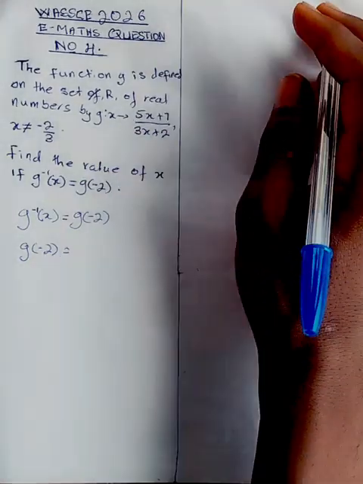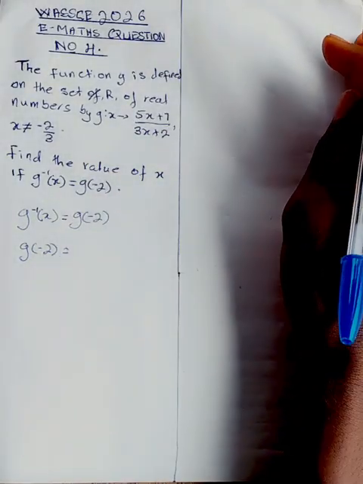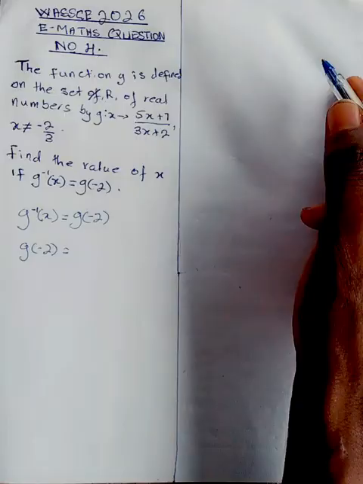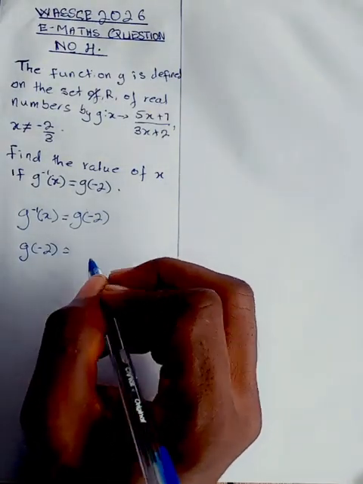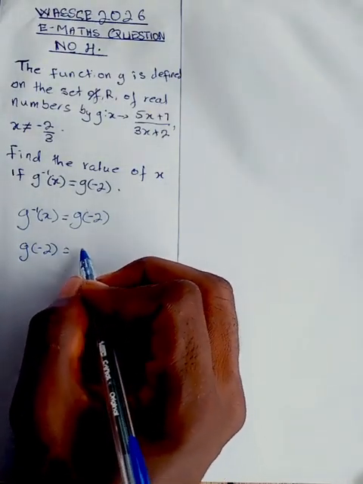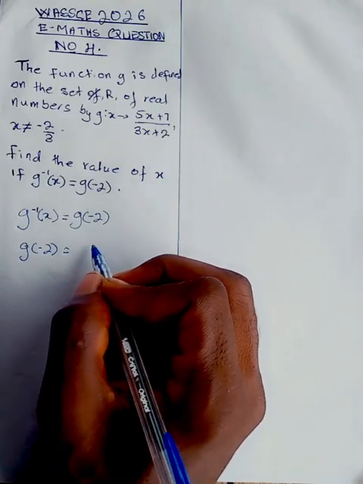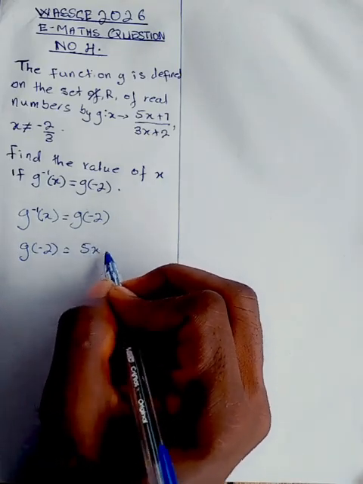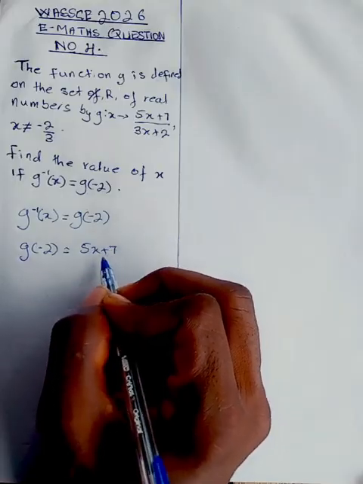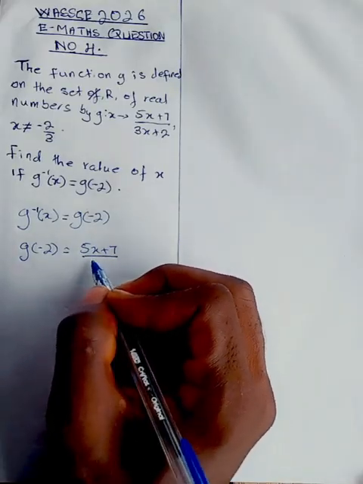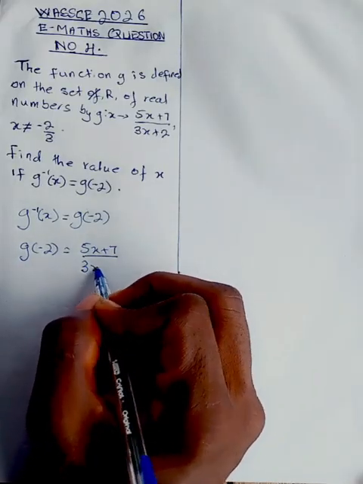The function g is given to us as g of s equals 5s plus 7 all over 3s plus 2.